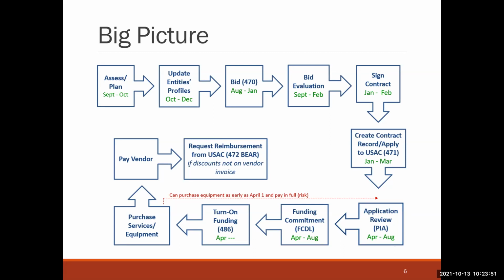Once the contract has been approved and signed by the school or library, that's when you then go back into the online filing system and you do something called create a contract record.